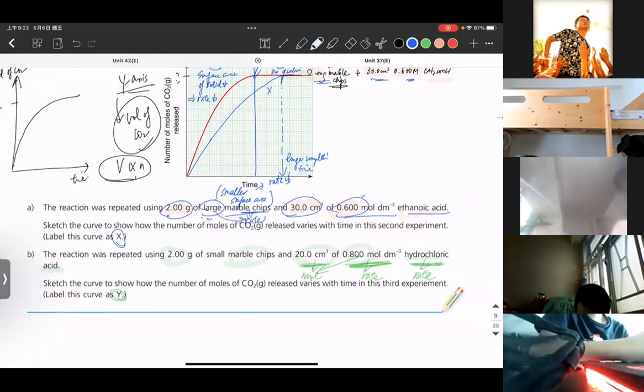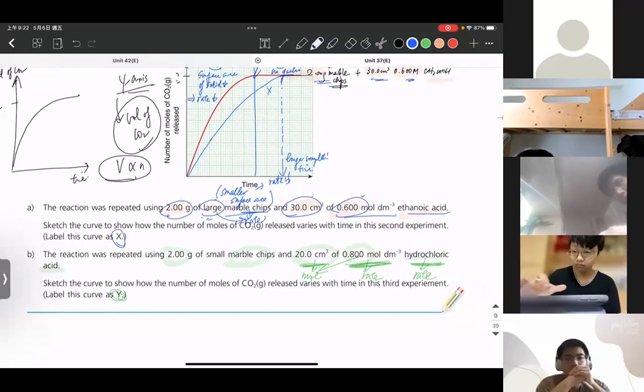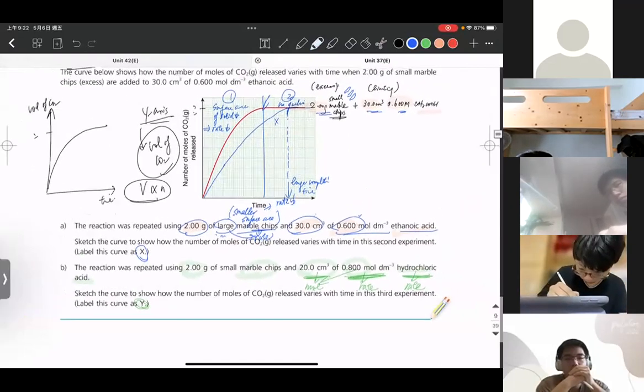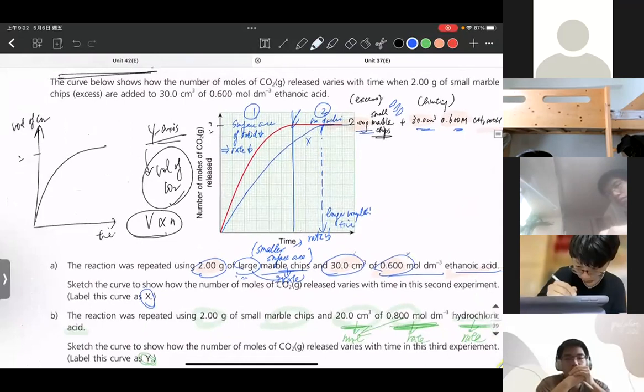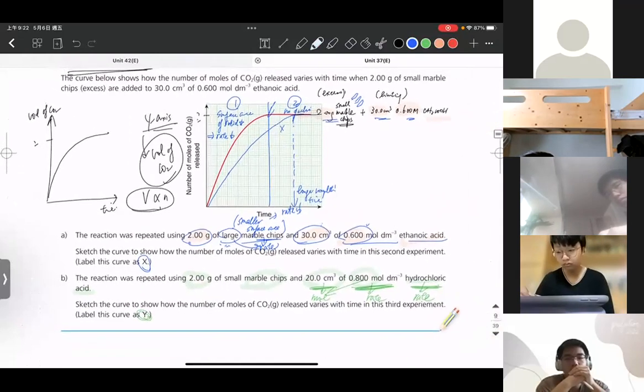Large, right? Can you see the word? So take a look. What is the effect? For the first one, what would the graph be like? Steeper than the red one, less steep, or the same?